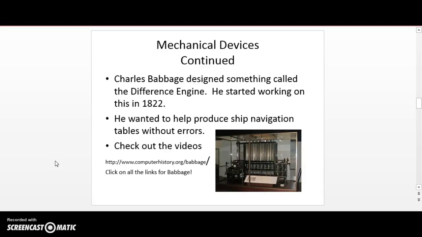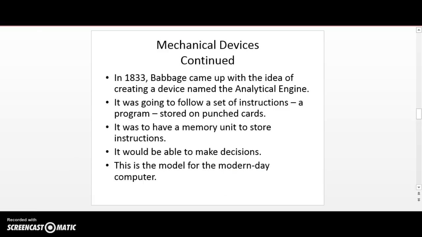So the difference engine, again, it was never built, but it also inspired Babbage to continue on with another idea that he had for another device called the analytical engine, which he began working on in 1833.